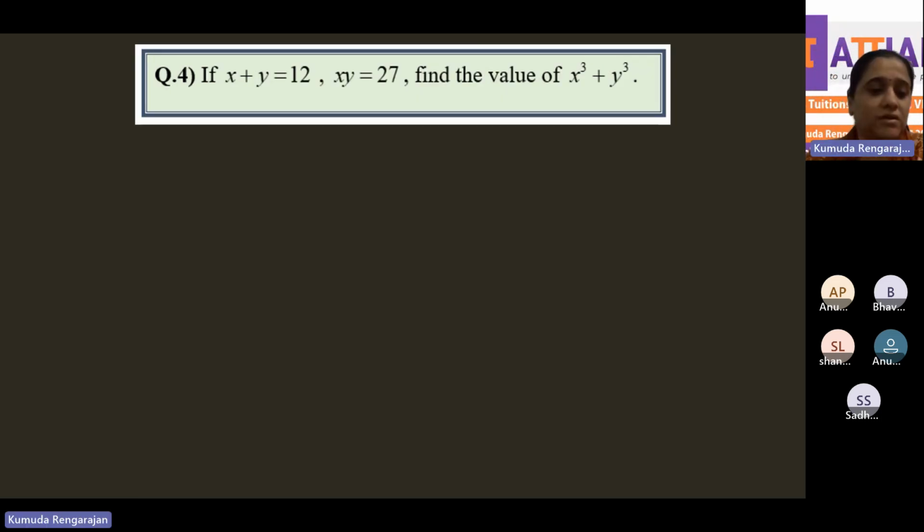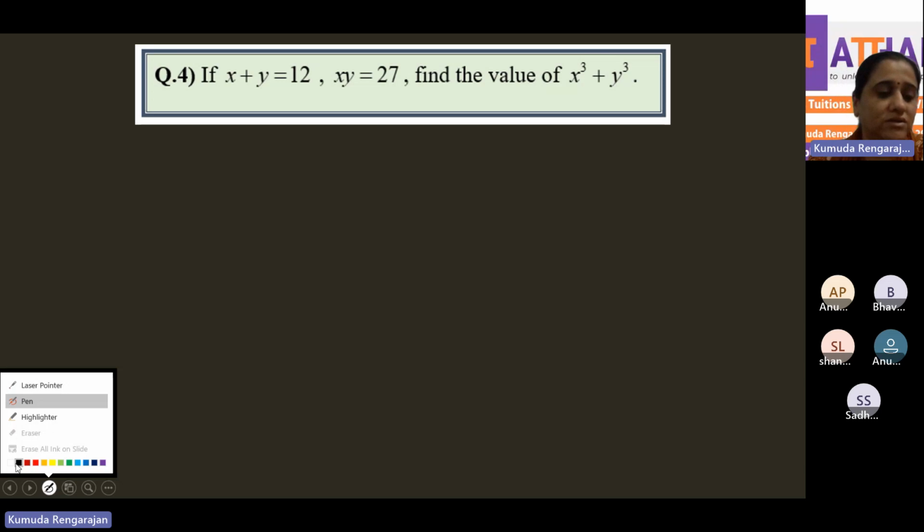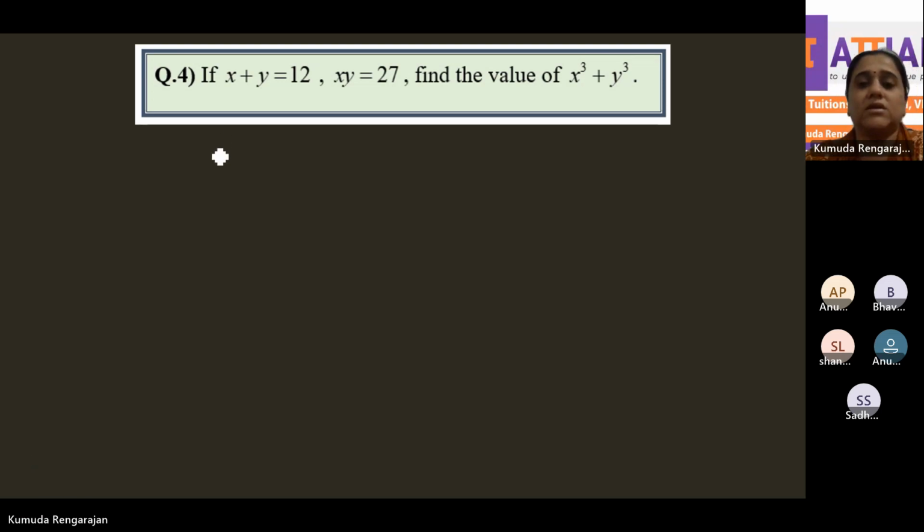Now let's recall all the identities, children. Now related to this, what is x cubed plus y cubed? X cubed plus y cubed is not x plus y the whole cube.